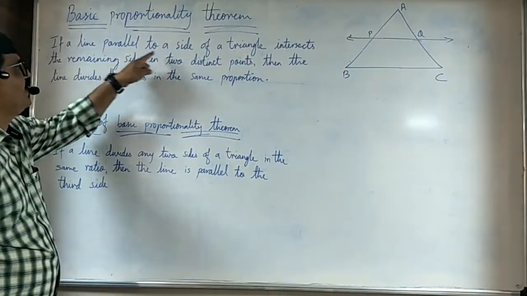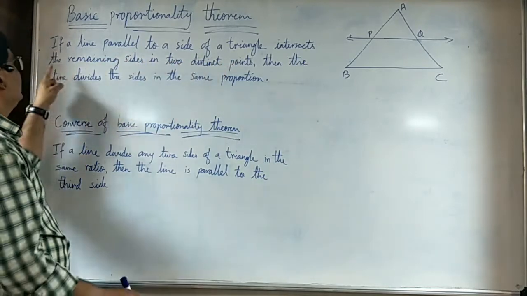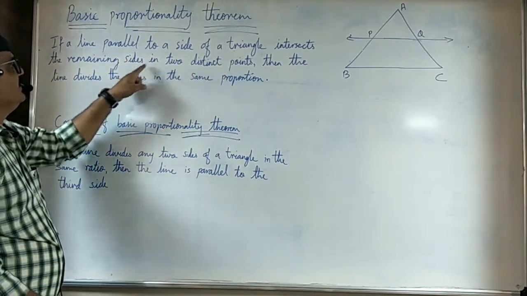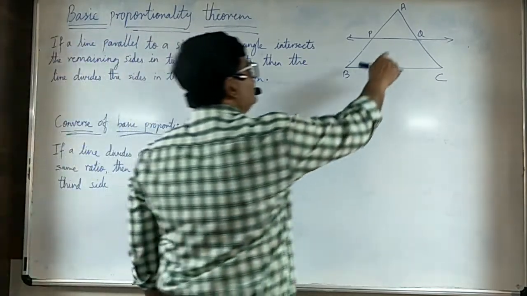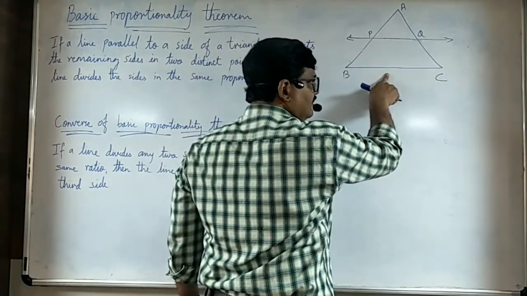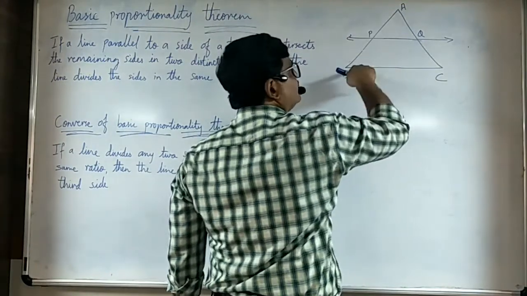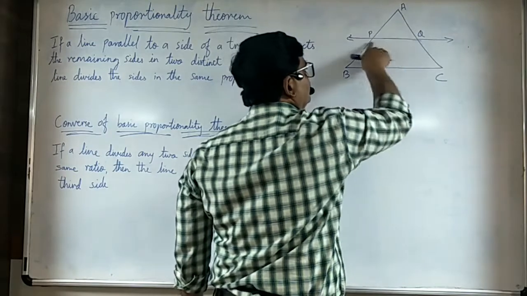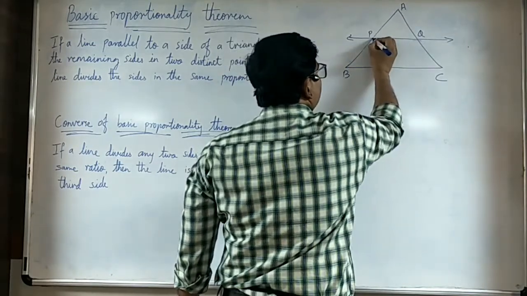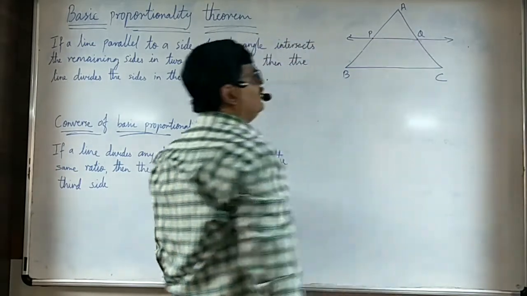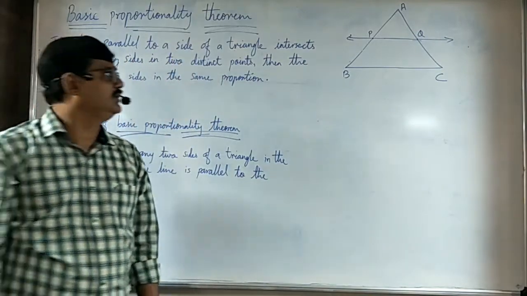So this PQ is a line parallel to one side of the triangle and intersecting the other two sides, AB and AC, in two distinct points, which are point P and point Q. Can you see that?